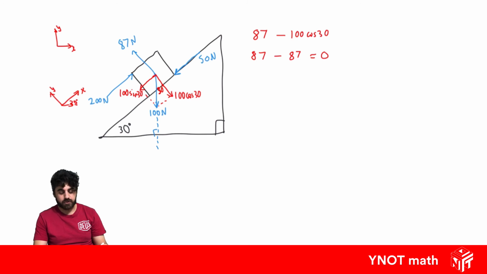So it makes sense for there to be 0 movement in this y direction because the box will just stay on the incline. But what about in the x direction?